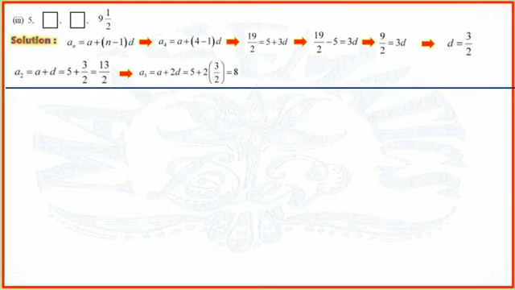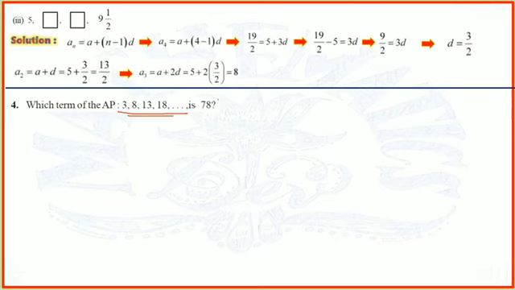Now the next question, question number 4: which term of the AP 3, 8, 13, 18 is 78? Which term means the nth term.